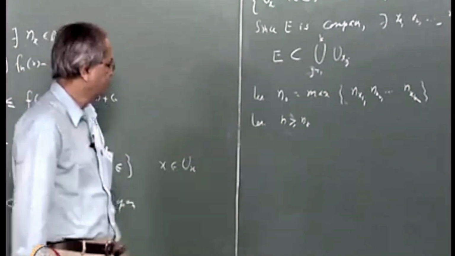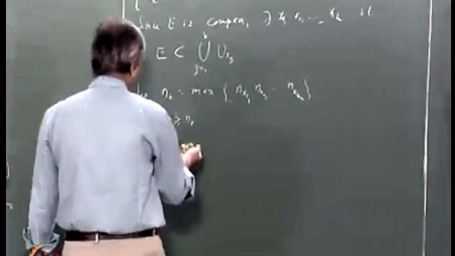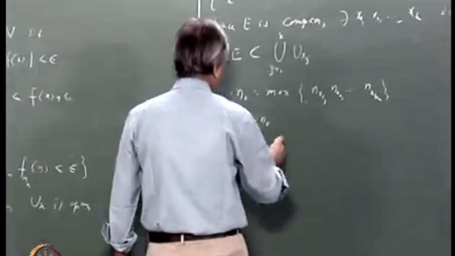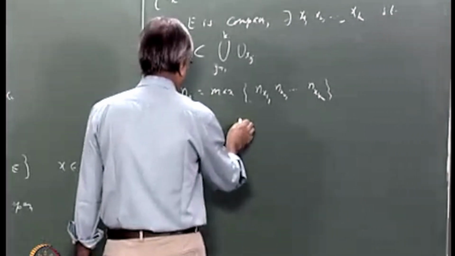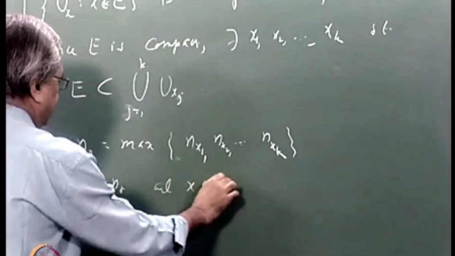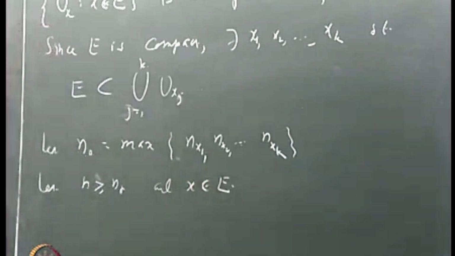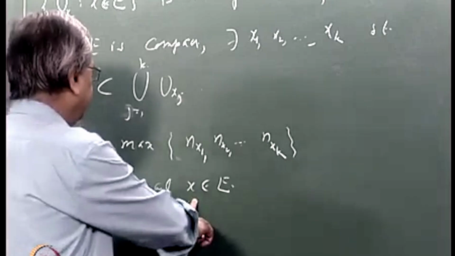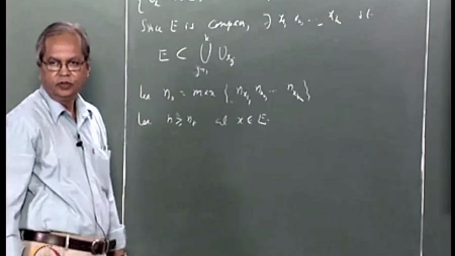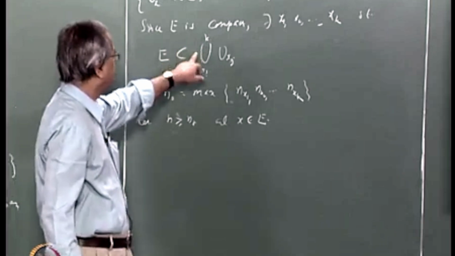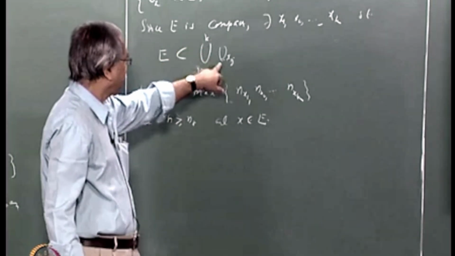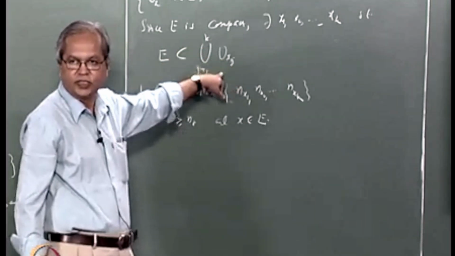Let n be bigger than or equal to n0 and x in E. If x is in E, x is in one of these U_{x1}, U_{x2}, ..., U_{xk}, because E is contained in the union of these.